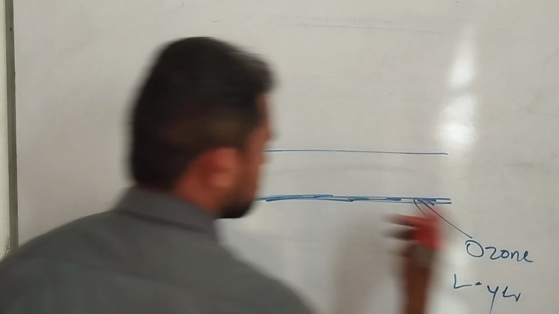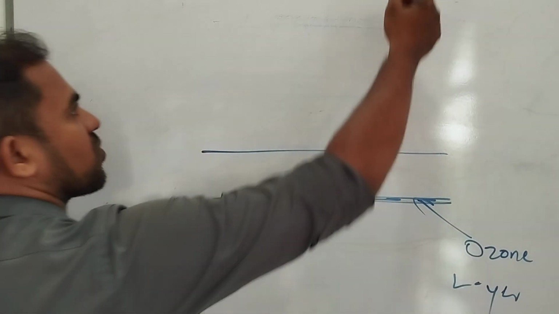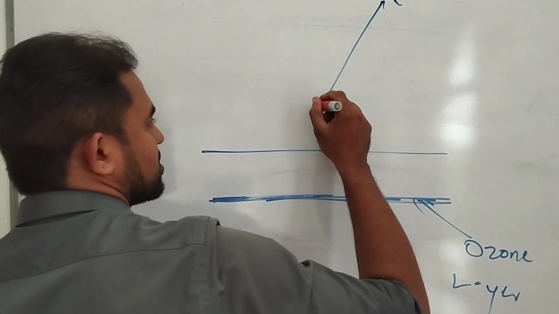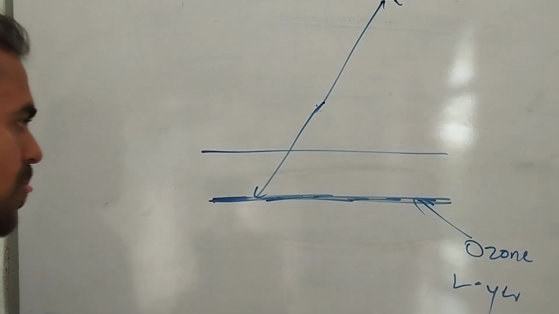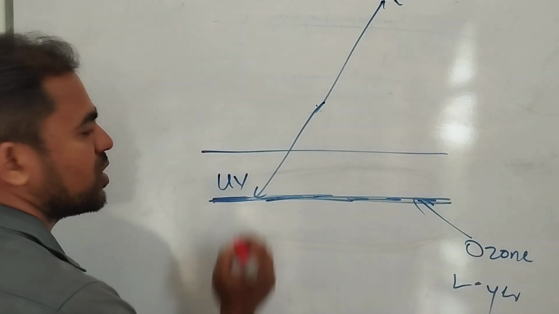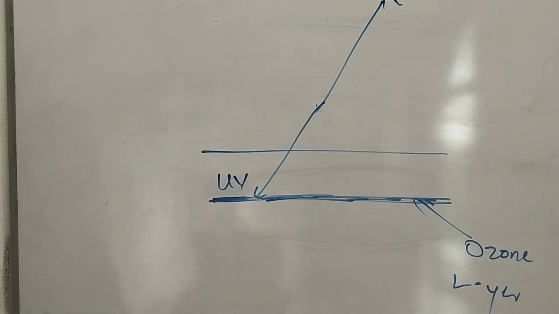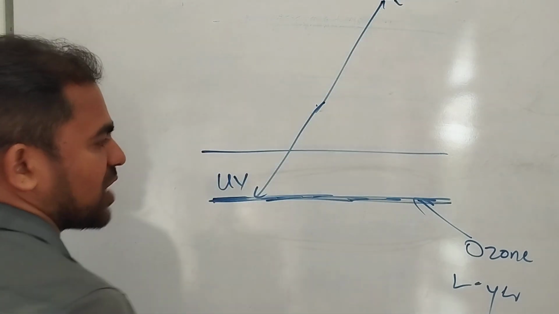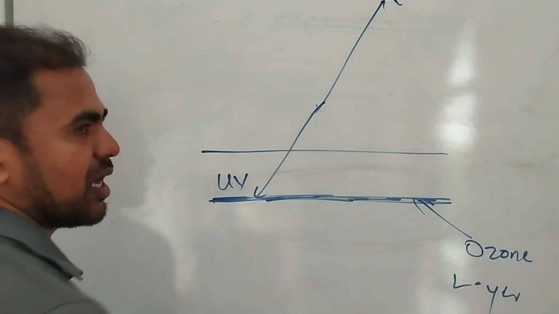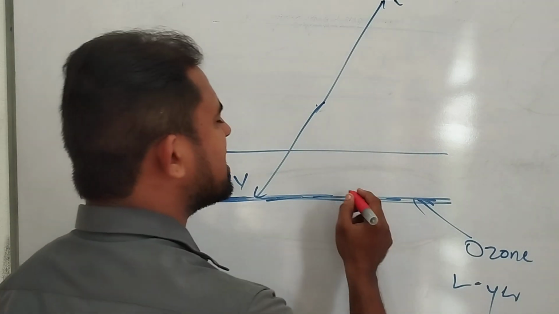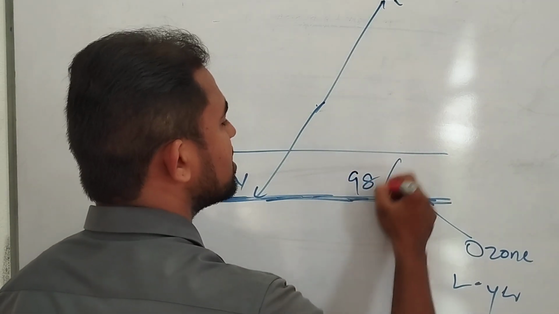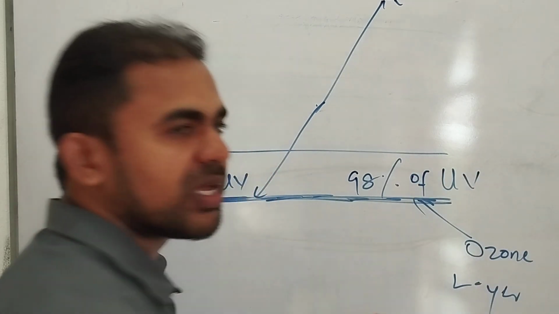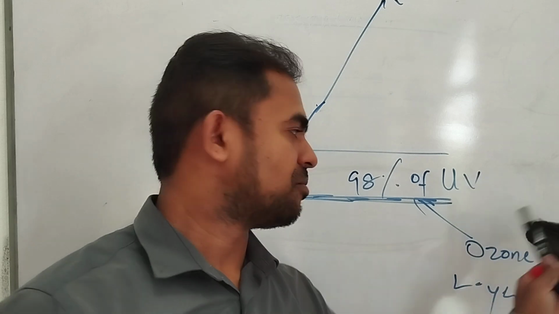When UV light or UV rays penetrate through the atmosphere, the ozone layer absorbs nearly 98% of the UV rays.